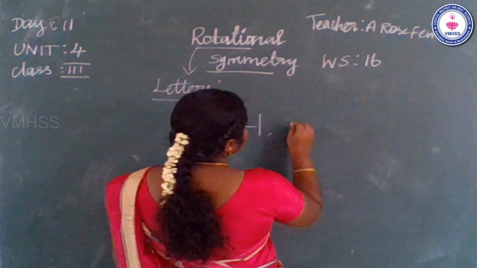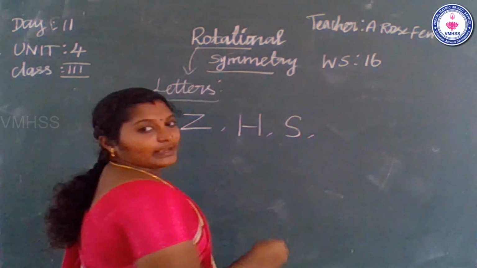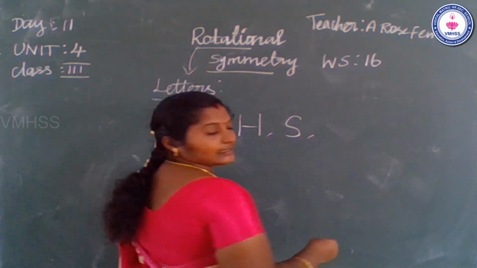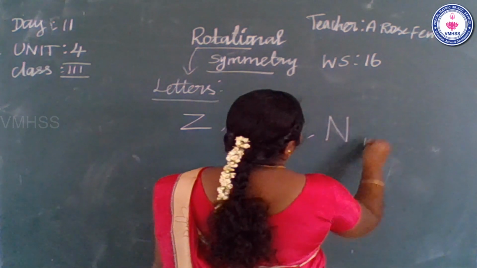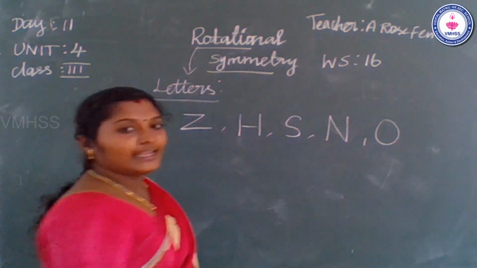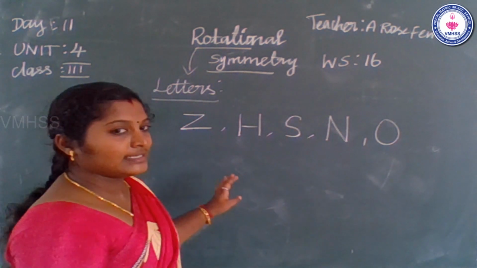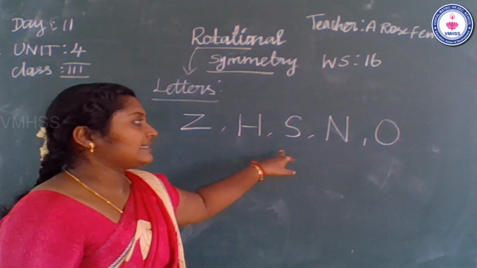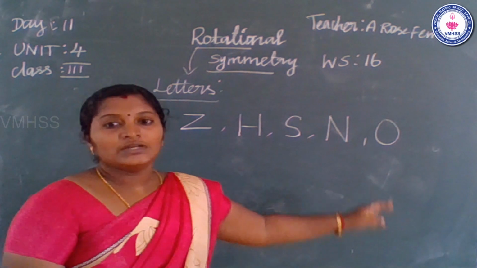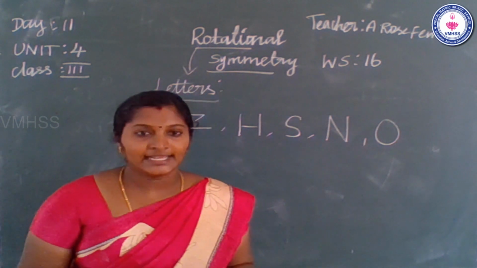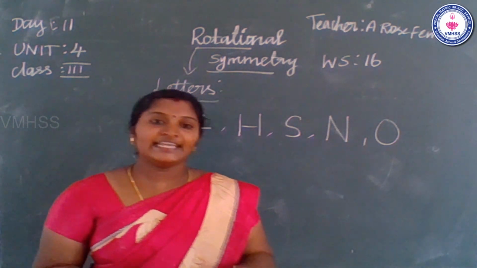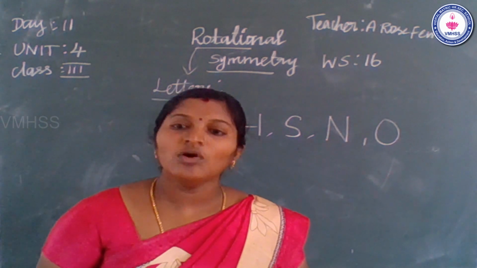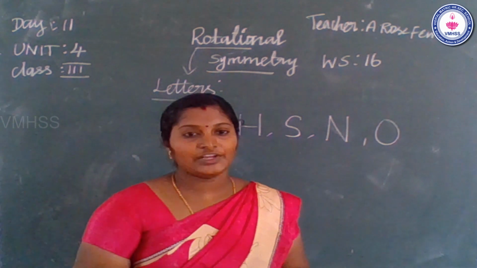So next letters S, N and O. Okay, listen, children. So Z, H, S, N and O. So the alphabets Z, H, S, N, O have rotational symmetry. Okay, ma?